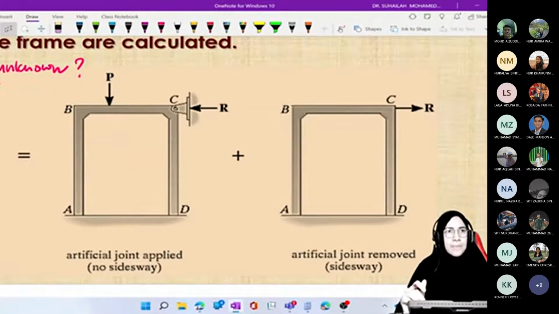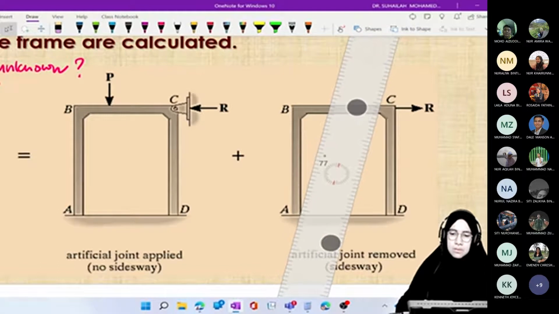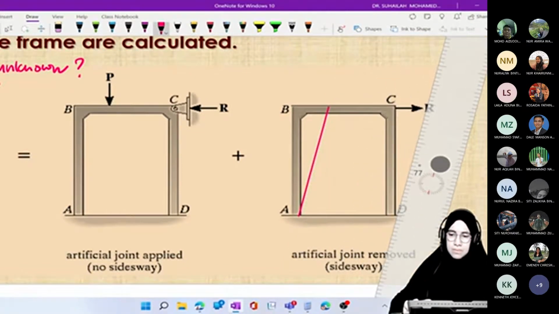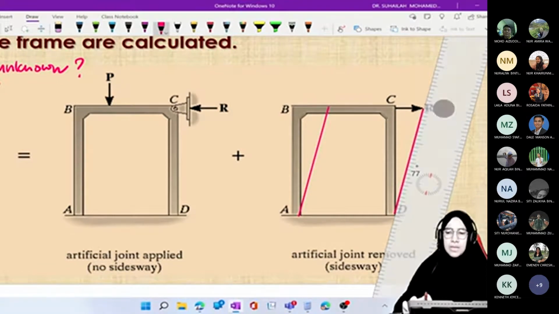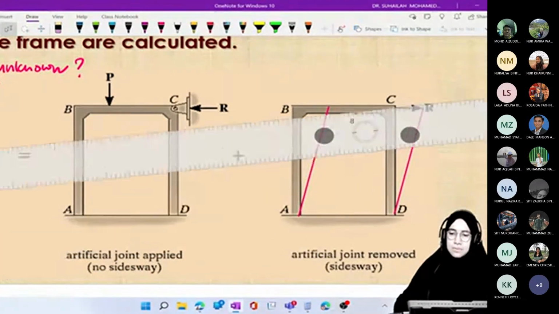So this is where we have, for this one, this will be the delta.